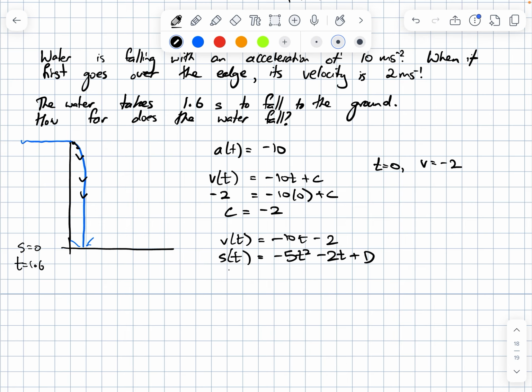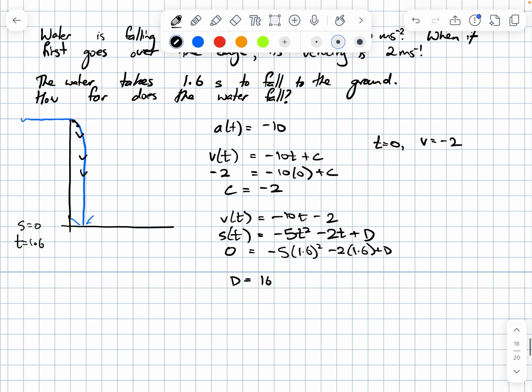Substitute that in. 0 equals negative 5 times 1.6 squared minus 2 times 1.6 plus d. That gives you, if you rearrange for d, d is 16. And so our displacement equation, S of t, is negative 5t squared minus 2t plus 16.